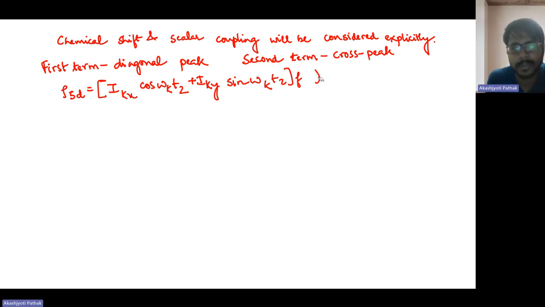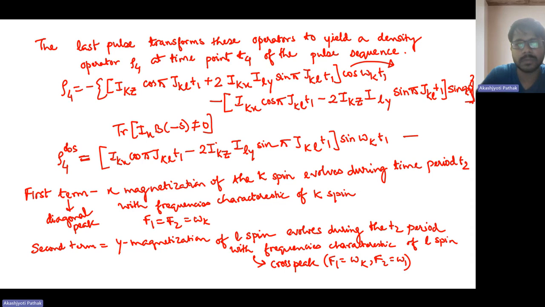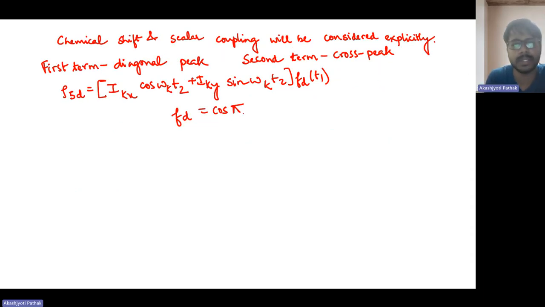times this term FD of T1. This is not Fourier transform. So what does this FD represent? FD is actually the term that we were getting in this equation, cos pi J_KL t1, sin omega_K t1 and so on, which we are representing as FD.